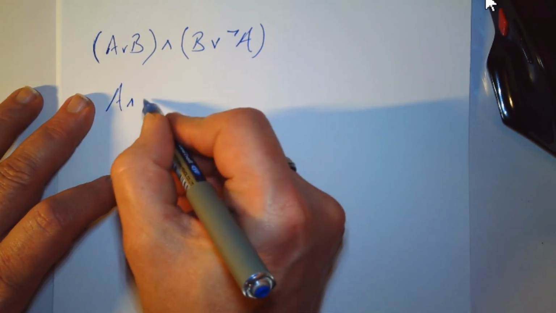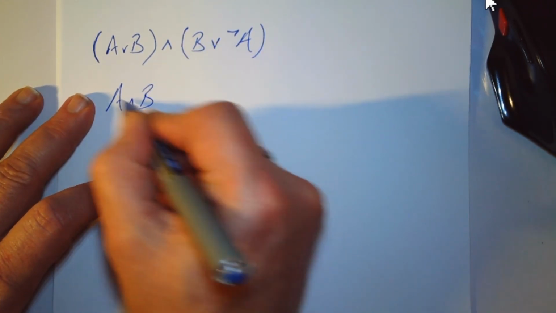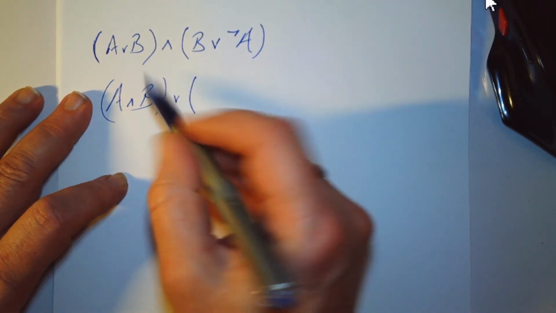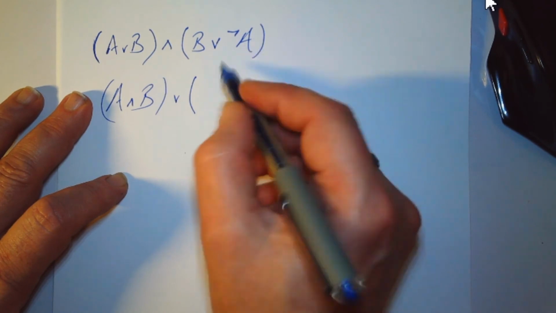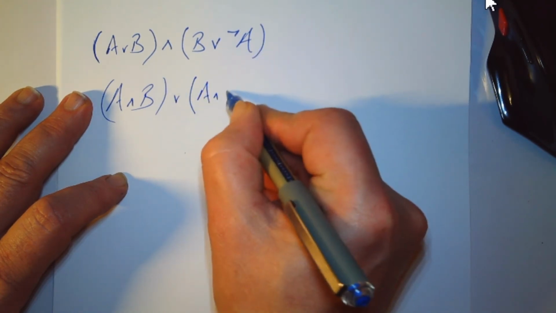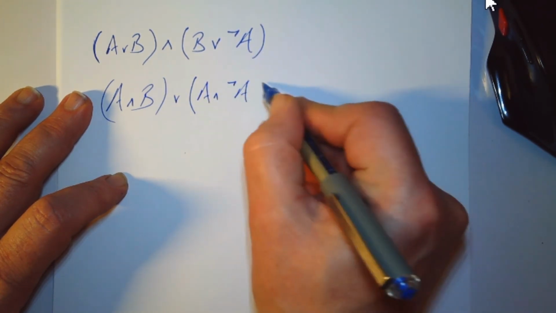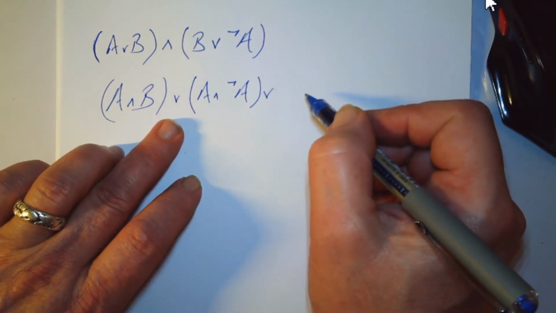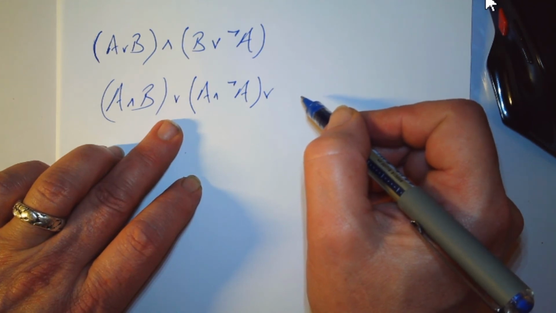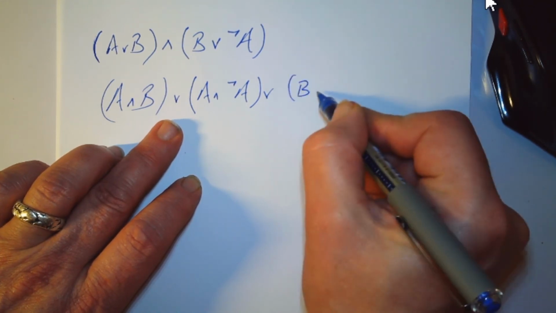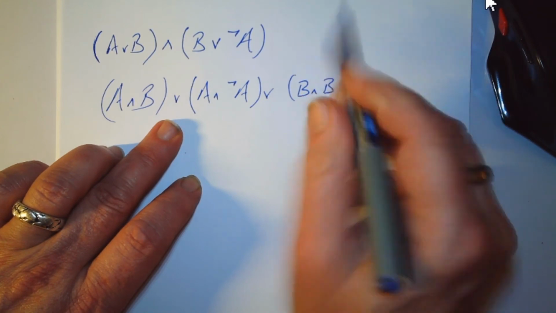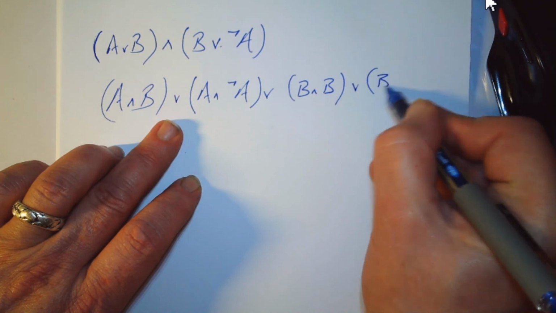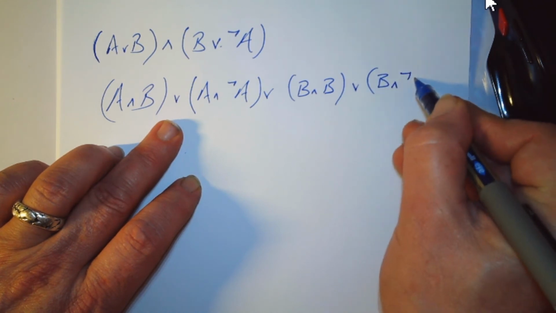We're going to end up with a and this b here, ORed with a and not a, ORed with b and b from here, and then ORed with b and not a.